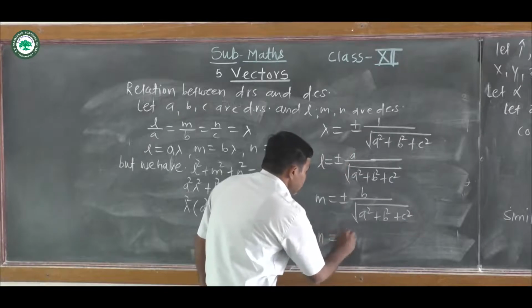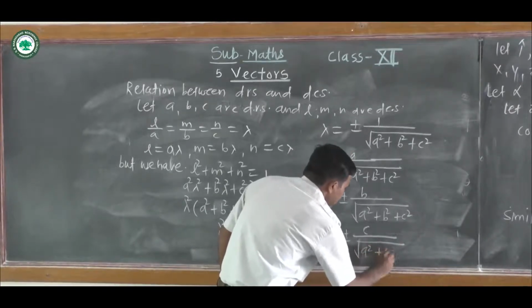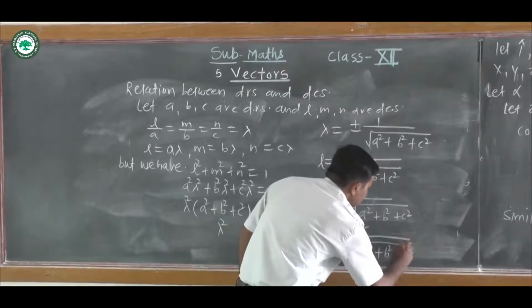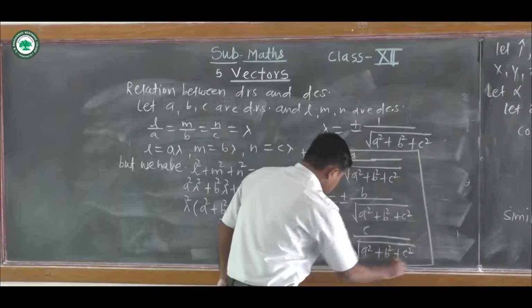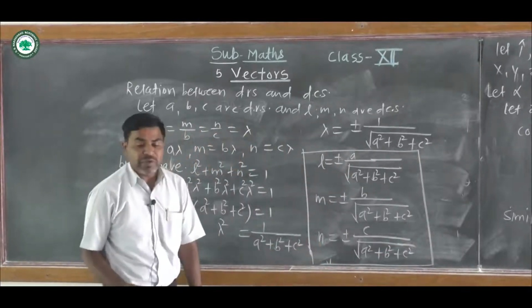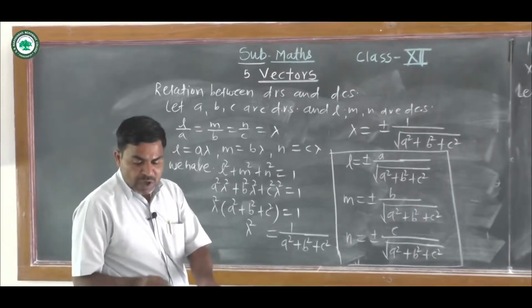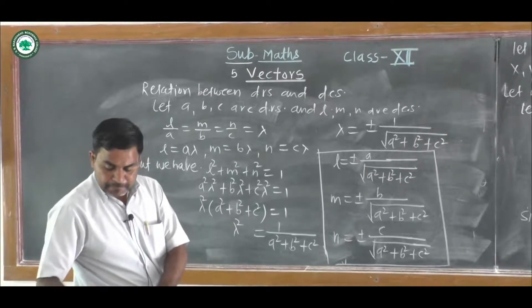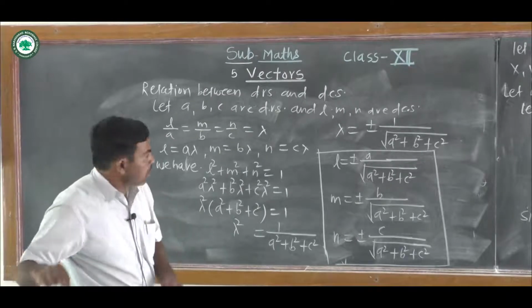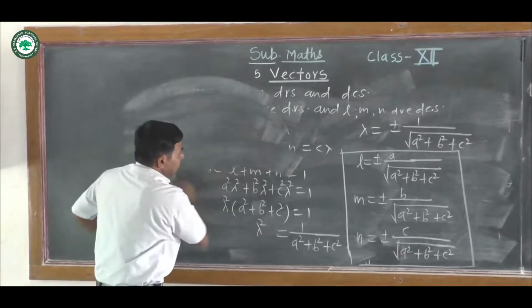And N is equal to plus or minus C upon square root of A square plus B square plus C square. So these three equations give us the relation between direction cosines and direction ratios of a line. Okay, this is the relation between direction ratios and direction cosines.